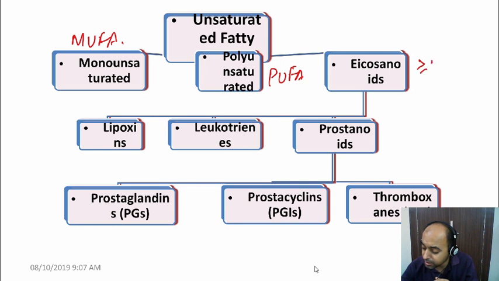Icosanoids typically have 20 or more carbons. They are further subdivided into lipoxins and leukotrienes, along with the prostanoids. Prostanoids include the prostaglandin, prostacyclin, and thromboxane.